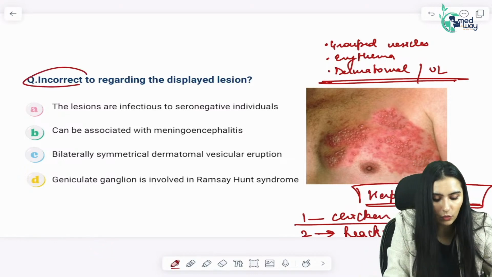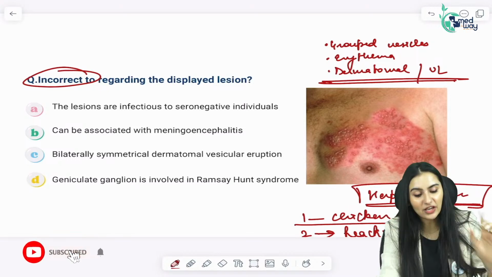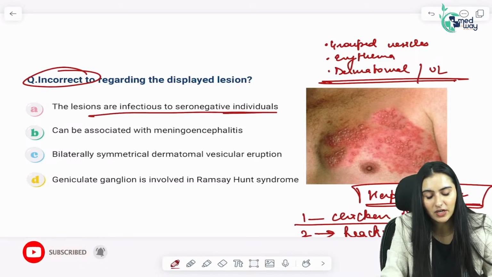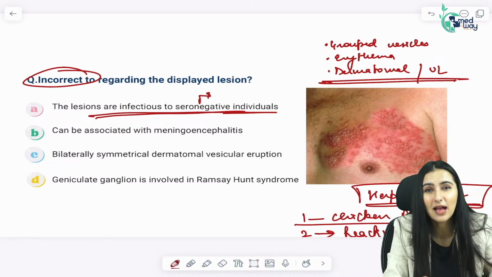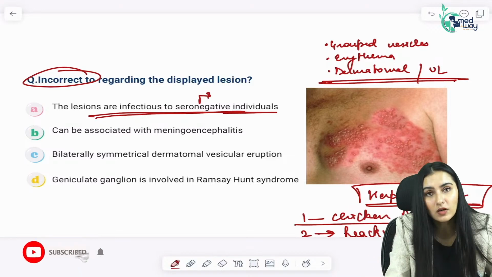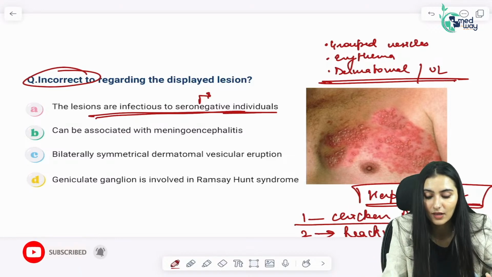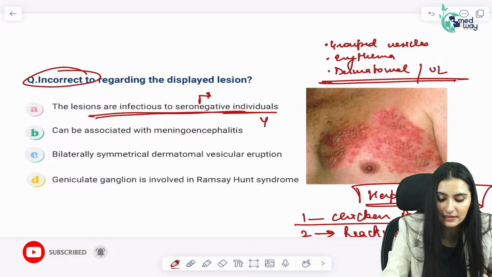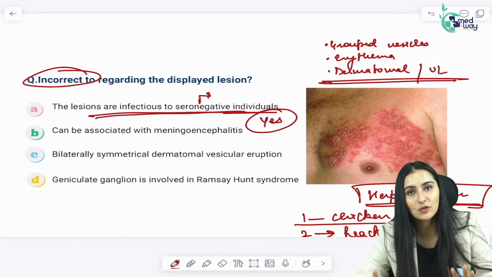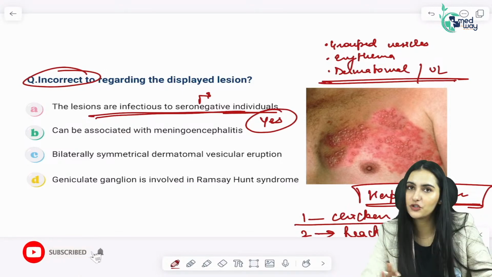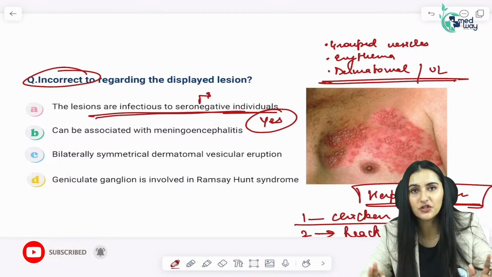Now, incorrect, you want to know. The lesions are infectious to a seronegative individual. Try to understand what they are saying. Seronegative individual means an individual who has never had chickenpox or varicella before. Are they infectious? Yes. So suppose a mother has herpes zoster and the child has not had chickenpox, she will give the child chickenpox.